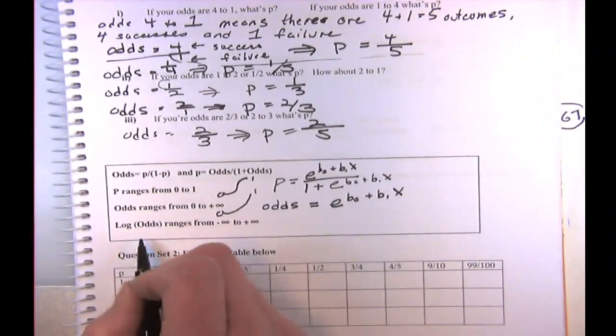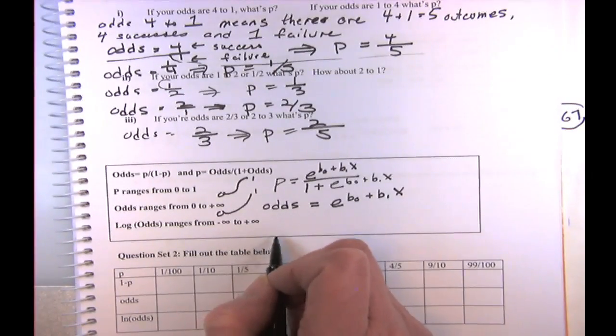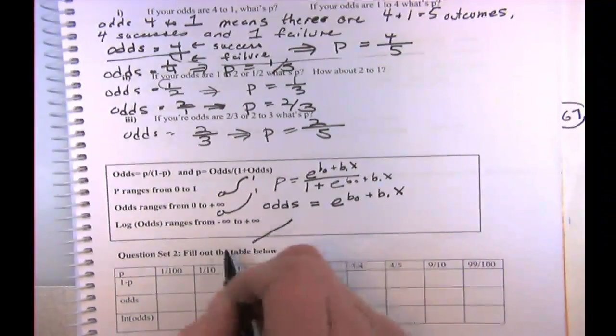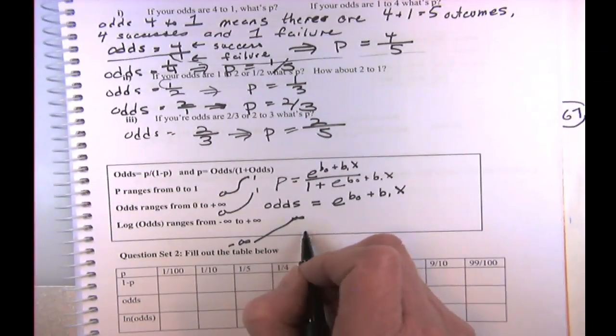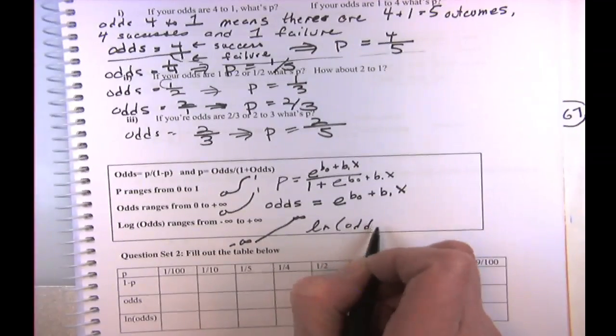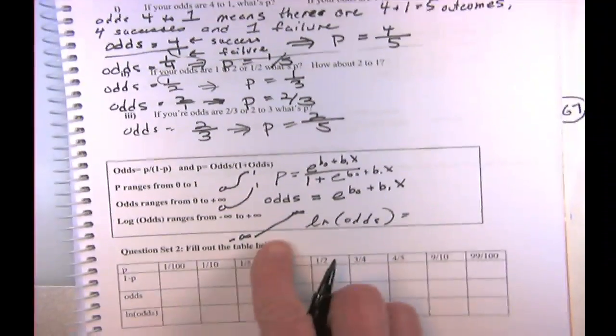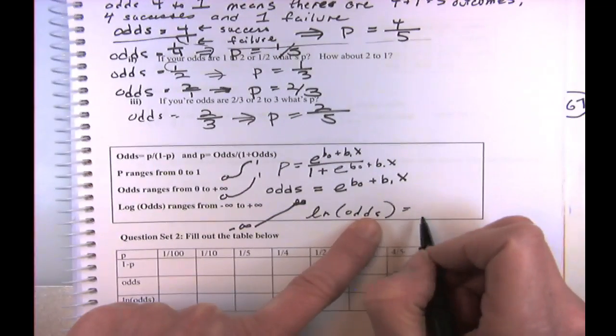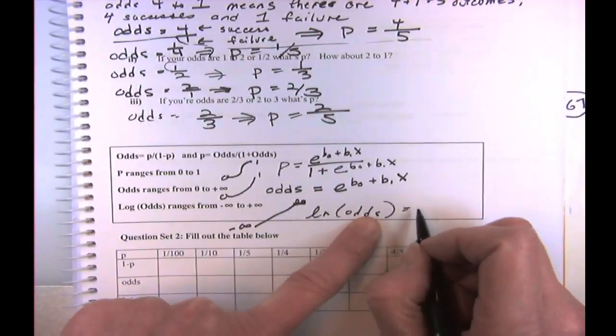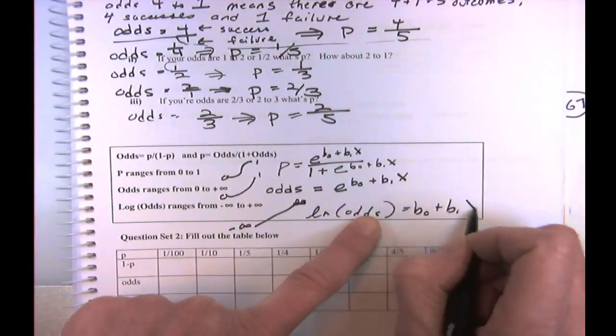And then our log odds are just a linear equation, ranging from negative infinity to infinity. That's where we have this really nice, easy linear equation. So that's what we're going to be fitting parameters to. We're going to be fitting the betas, because it's just a linear equation, beta naught plus beta 1x. So that's what it looks like.